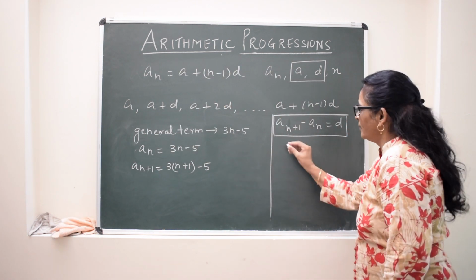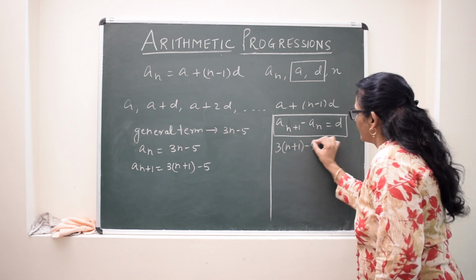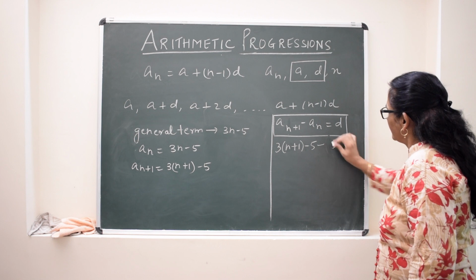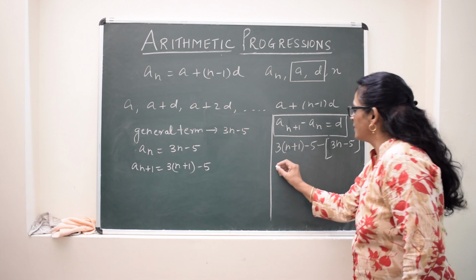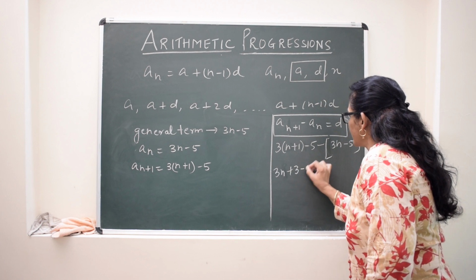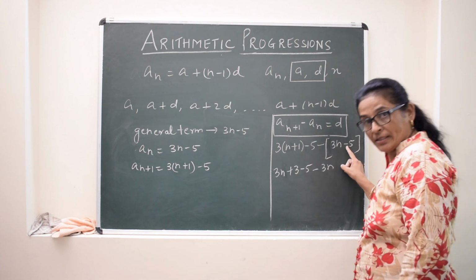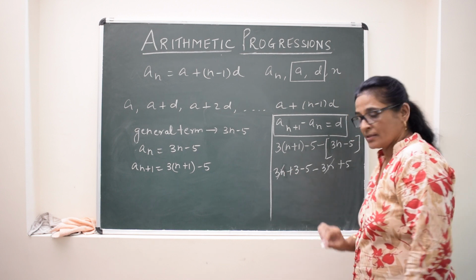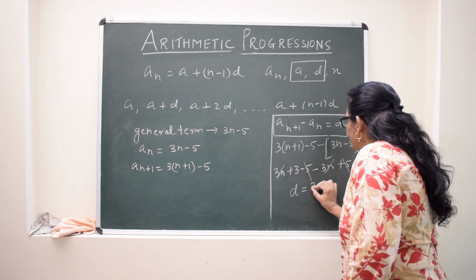So we will substitute it here. an plus 1 is 3(n plus 1) minus 5 and an is minus (3n minus 5). On simplifying this, 3(n plus 1) means 3n plus 3 minus 5. Now this will be minus 3n, but minus sign into minus sign will become plus. So ultimately 3n and 3n are cancelled. Plus 5 and minus 5 are also cancelled. So what is D? D is 3.